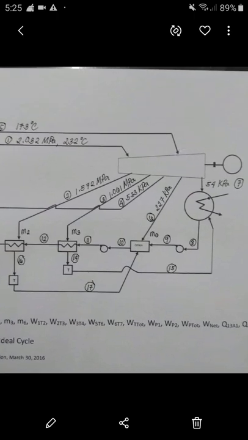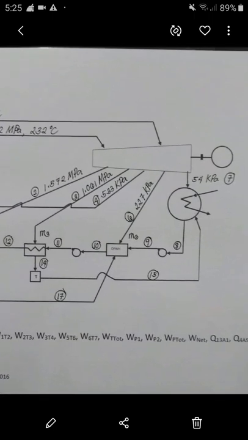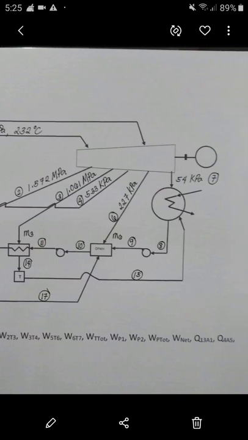At point 3, we are given 1.061 MPa. At point 4, we are given 533 kPa. At point 6, we are given 227 kPa. And at point 7, we are given 54 kPa.